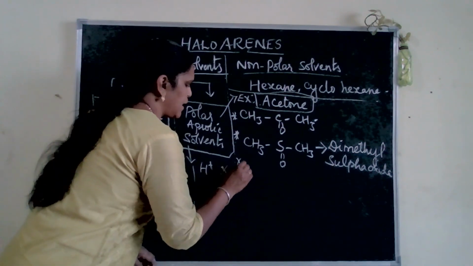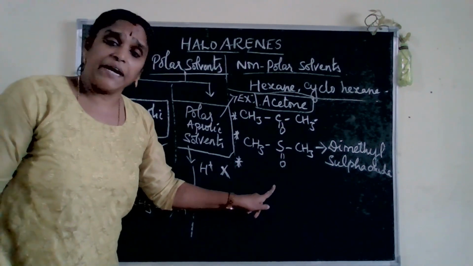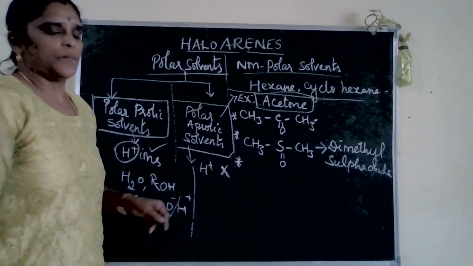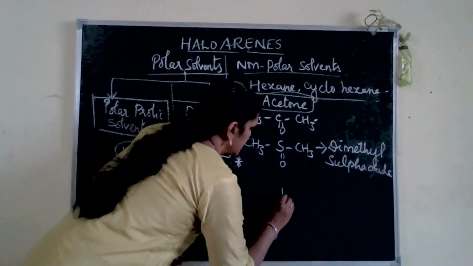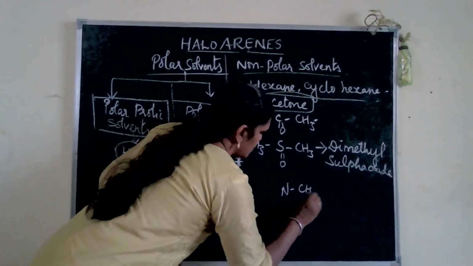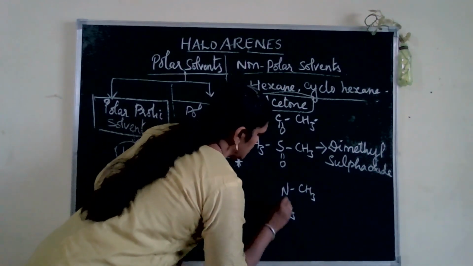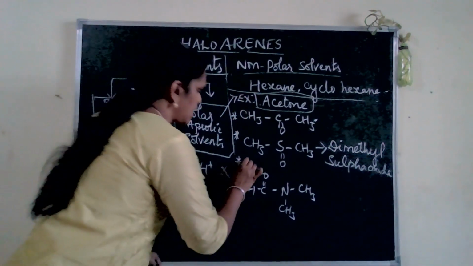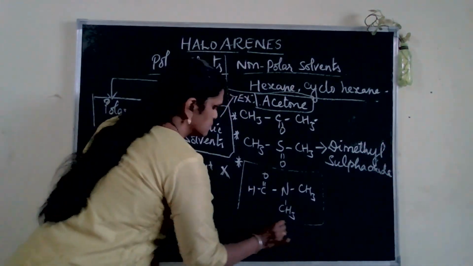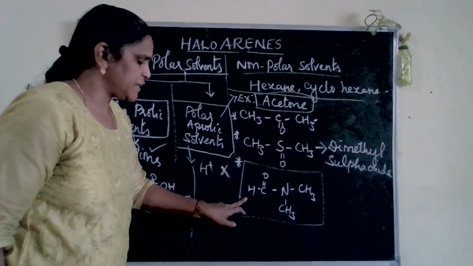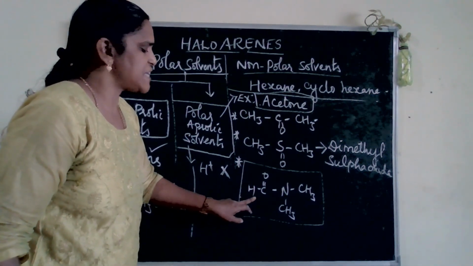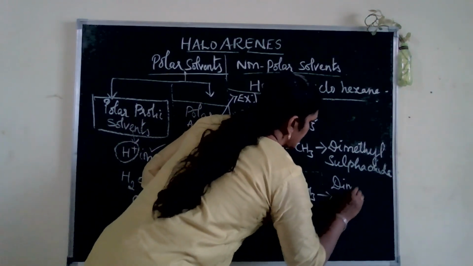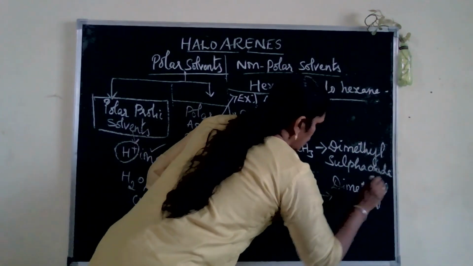Now the third one, I'll give one more example. Even an amide group comes under polar aprotic; generally carbonyl compounds come under polar aprotic solvents. I'll give you this one: N-methyl group, here also a methyl group, C double bond O, H. So what is the name of this? This is actually dimethyl formamide.